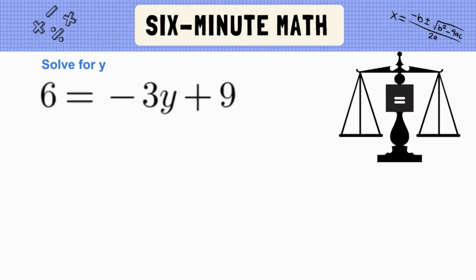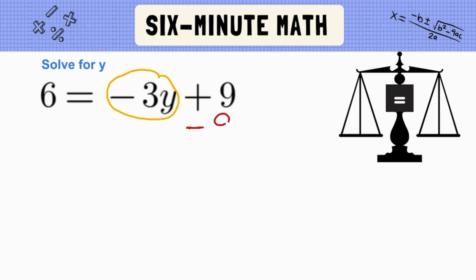Let's solve for y in 6 equals negative 3y plus 9. This might look a little different than our other equations that we have solved, but nothing changes in our process. We still want the term with the variable by itself first. So I need to get rid of this positive 9. What's the opposite of positive 9?